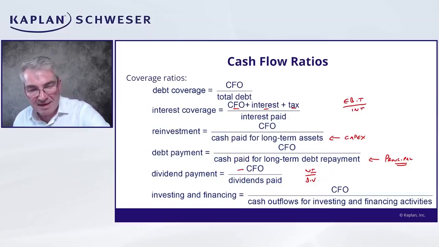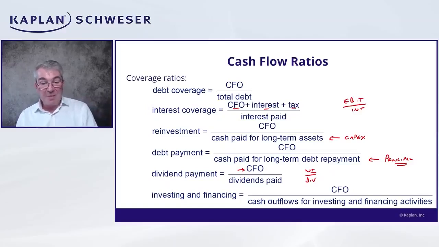So let's look at CFO compared to the dividends paid to establish how safe our dividend stream is. How easy is it to maintain? And then finally, CFO over CFI plus CFF. Is our cash flow from operations big enough to support both investing and financing activities?